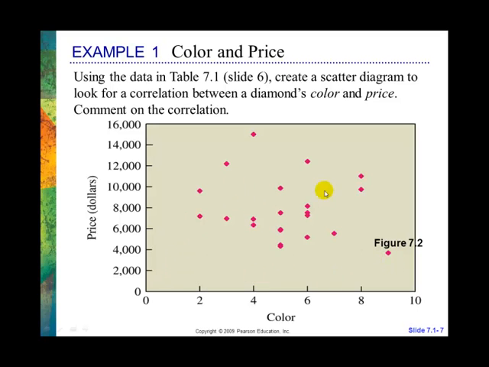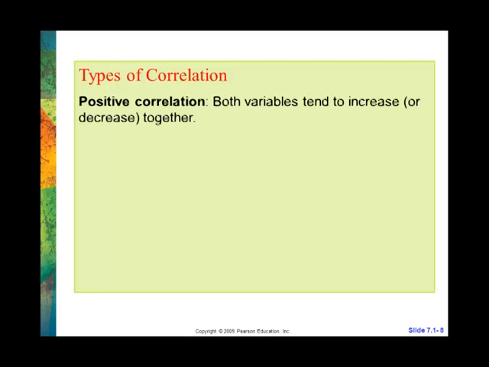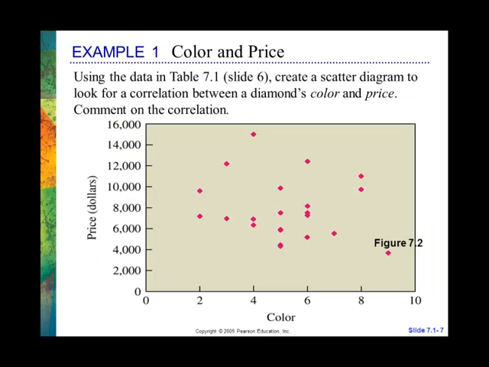And we can look here and see, maybe as color goes up, price possibly goes down, maybe it goes up. It's harder to see in this case. We can see that these are lower here than these values, which had a high color.